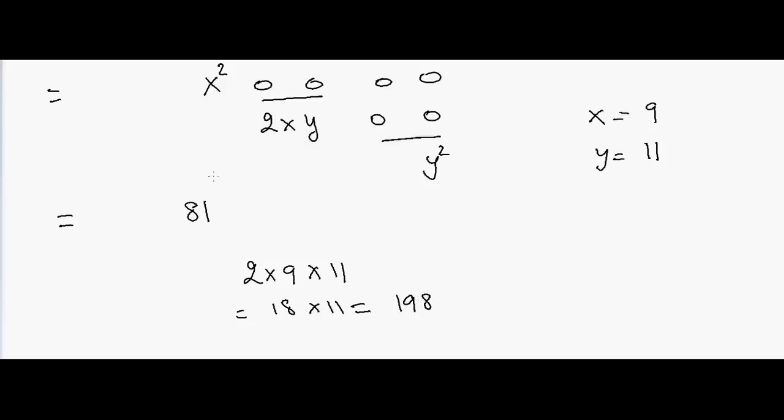So we'll have 198. And then we have y square, so 11 square is 121, so 21 and 1 carries here, right? So in that case the answer would be equal to 899921. So that's your answer.